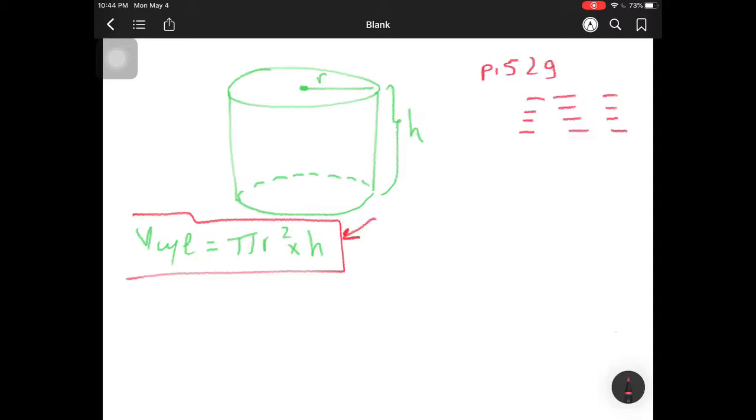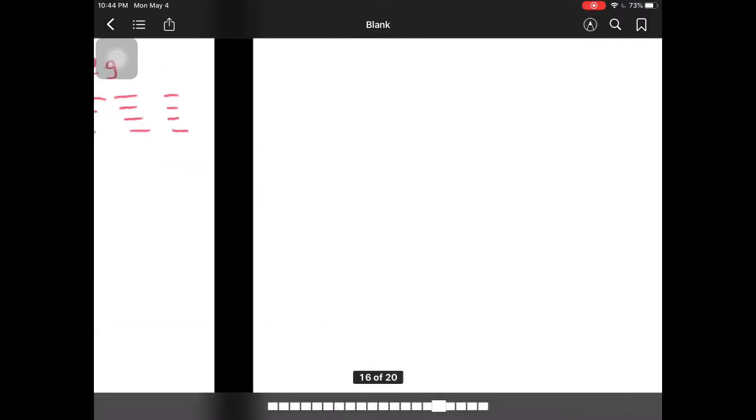So now we know what the volume of a cylinder is, but what about the surface area of a cylinder? Let's discuss this a little bit. So here's my cylinder. How many surfaces does it have?